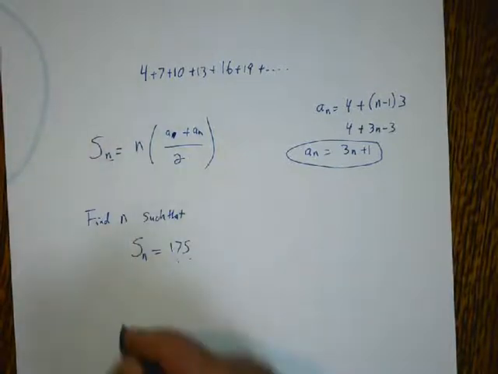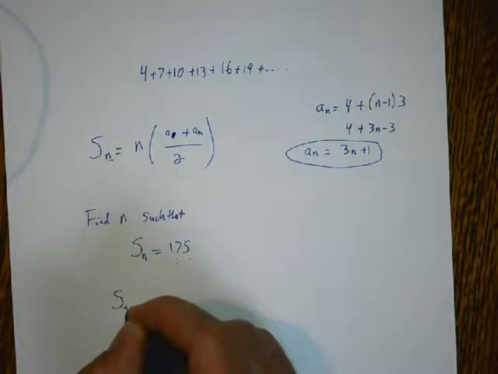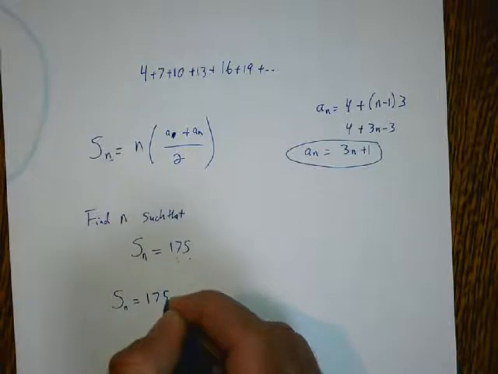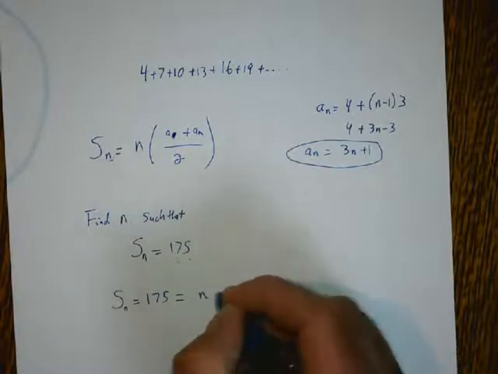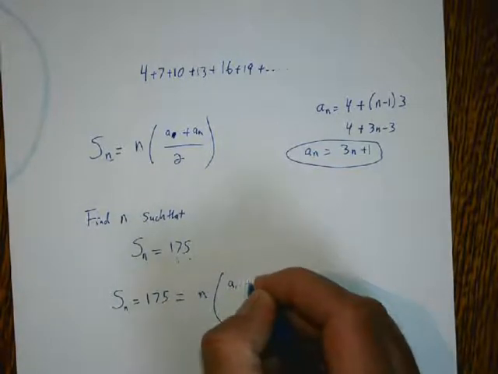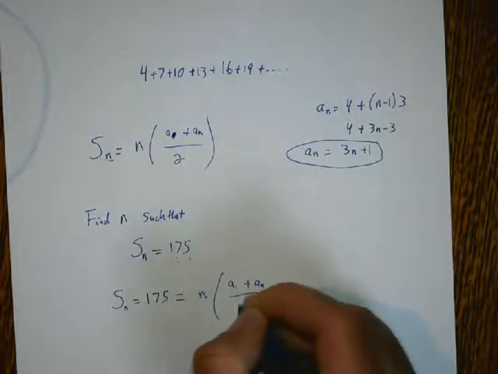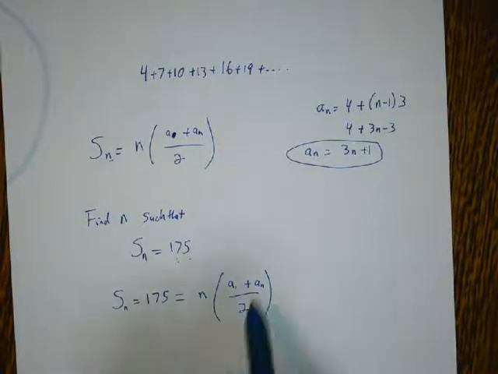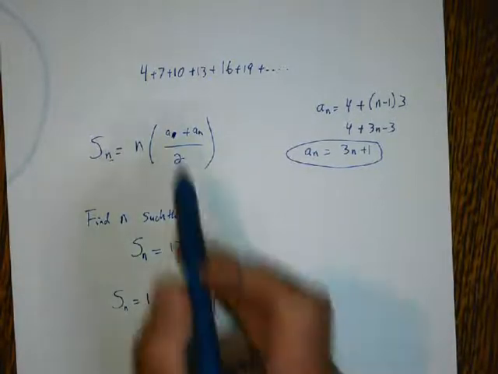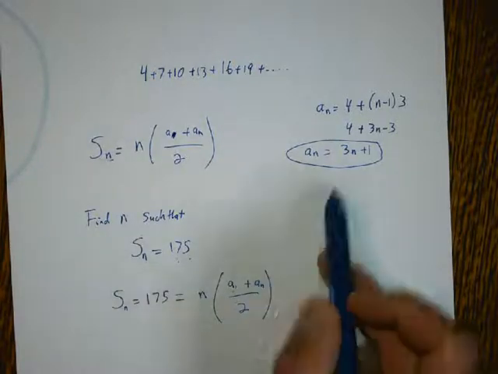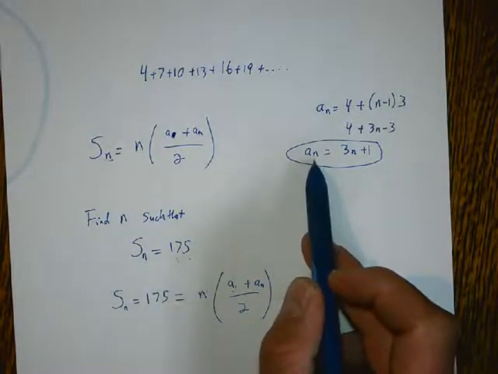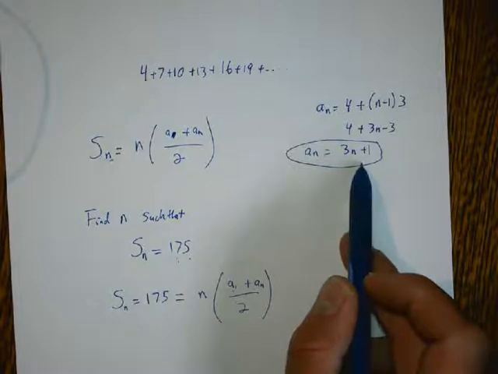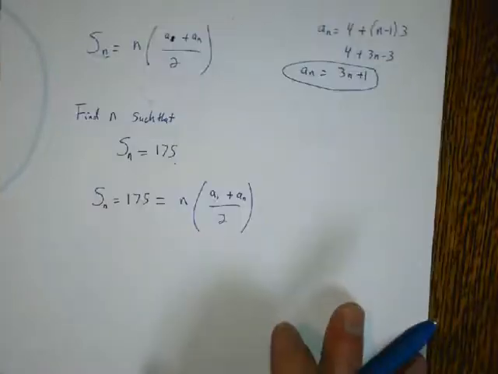So we know that our sum is 175, and that has to equal n times our first term plus the rule a sub n, all over 2. All right, well, we know what our first term is. It's 4. And we now know what the nth term rule is. It was 3n plus 1. So we start piecing these things together.